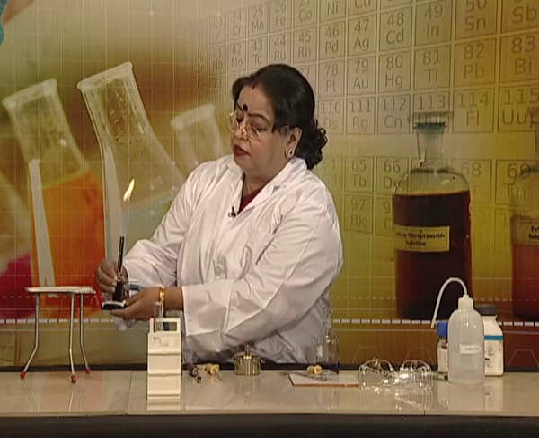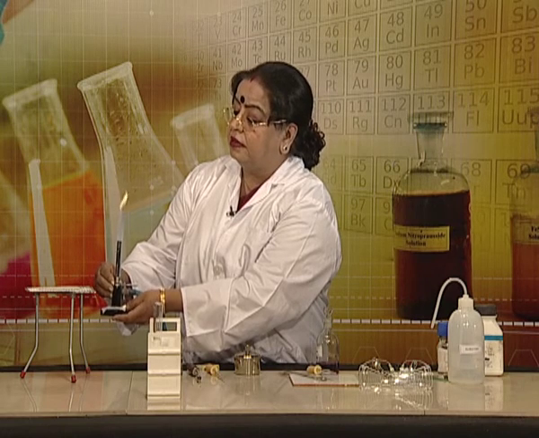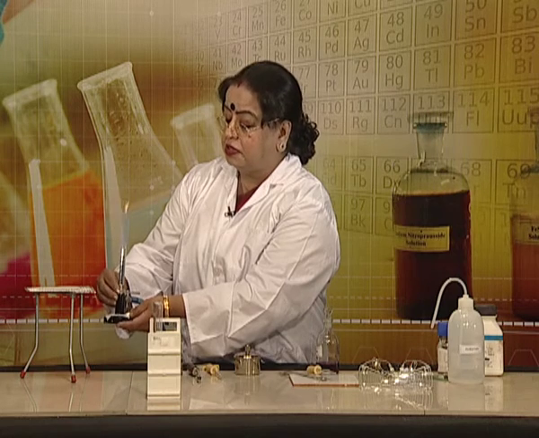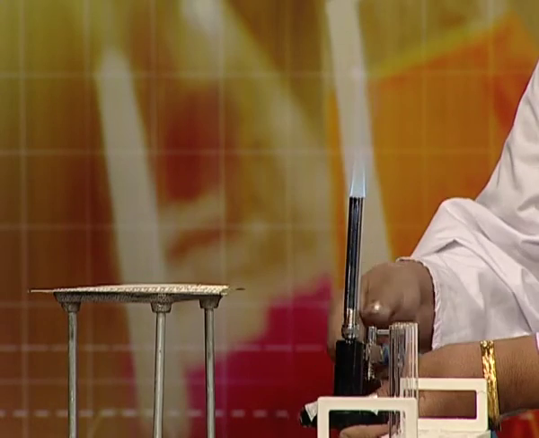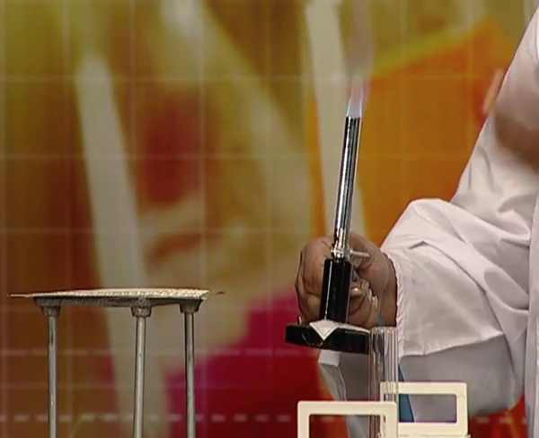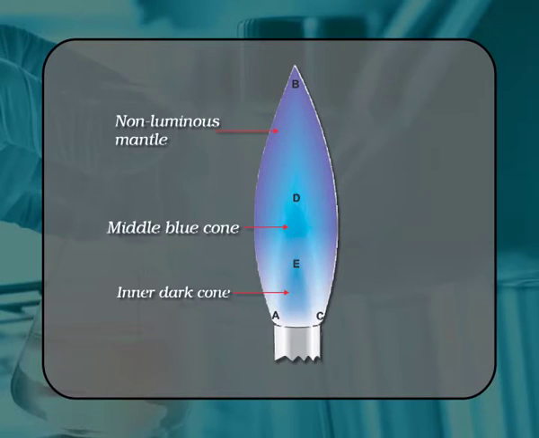See, now this air hole is open, you can see, and air is entering. Now, that yellowish portion is almost completely gone, and we are getting a clear blue flame here like this. If you see it very closely, now it is a very clear flame, and you can actually see three parts.